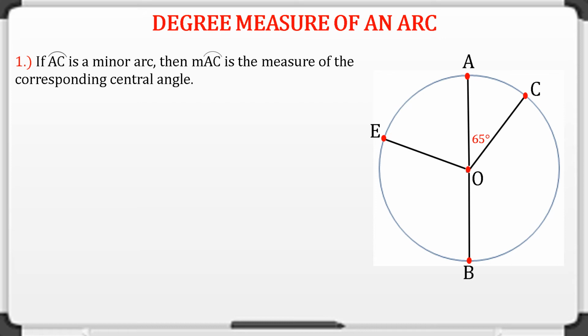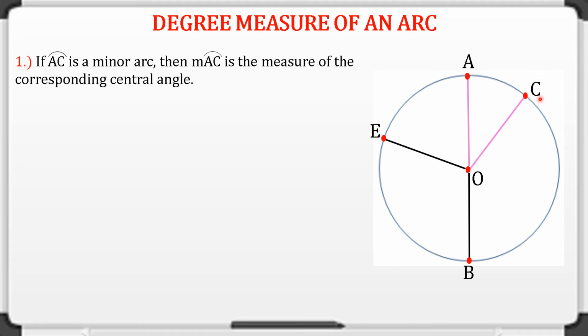Now class, let us have the degree measure of an arc. If an arc is a minor, then the corresponding central angle is equal. So let us find out the degree measure of an arc.